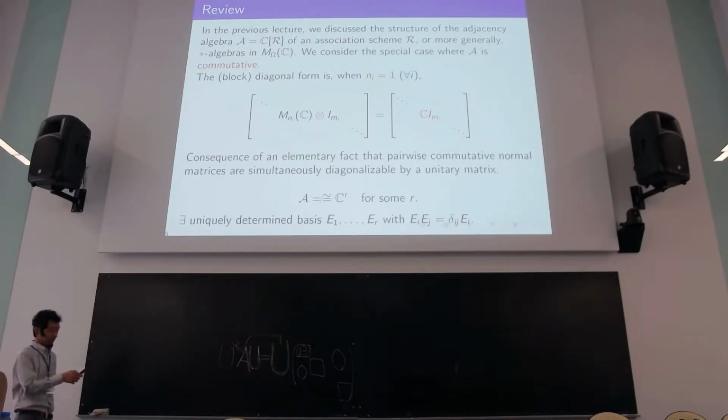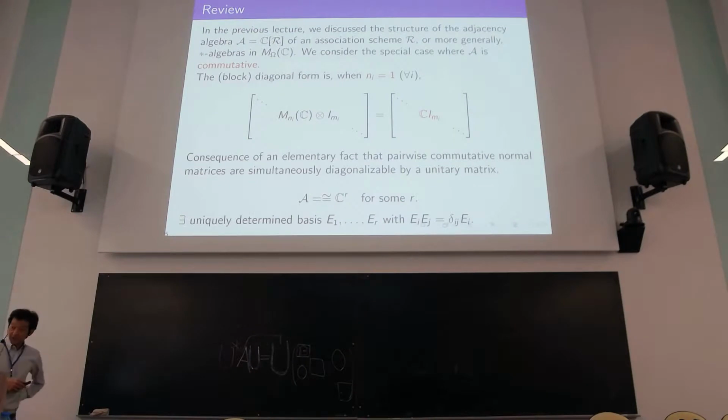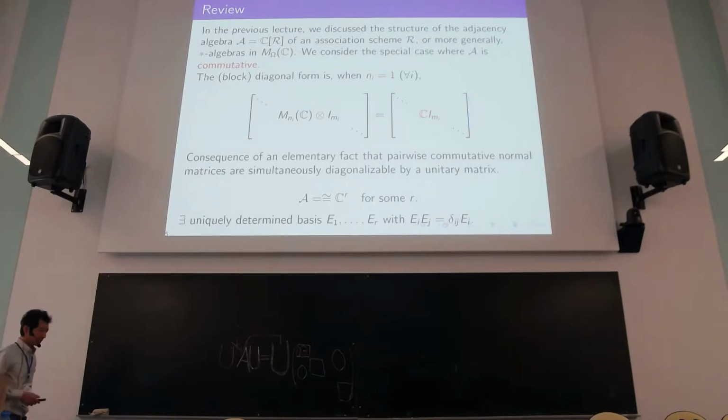I think I need to erase this equality. So in this case, the adjacency algebra is isomorphic to C^R. This R is the number of blocks of scalar matrices, so this i runs from 1 to R. If we know this abstract structure of the commutative algebra, it's just like the algebra of vectors with component-wise multiplication.